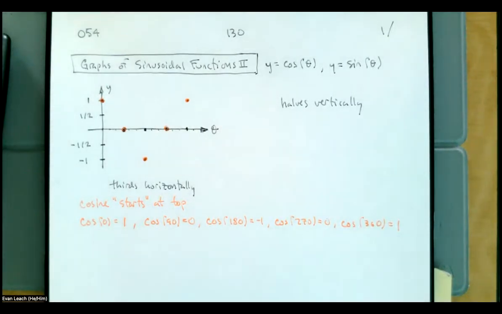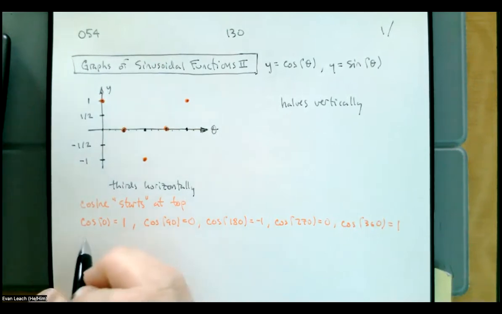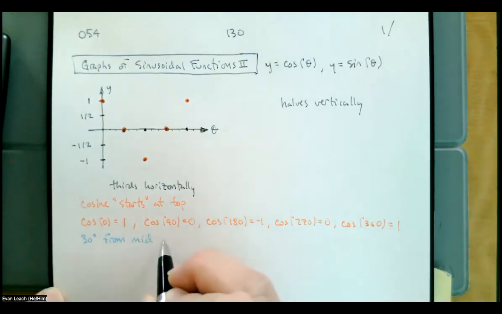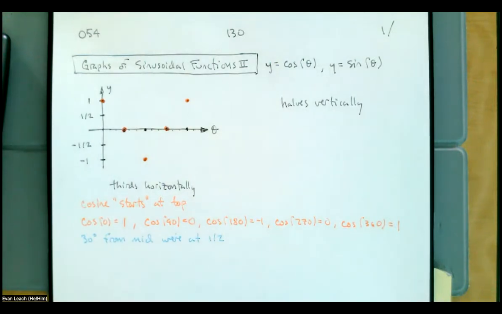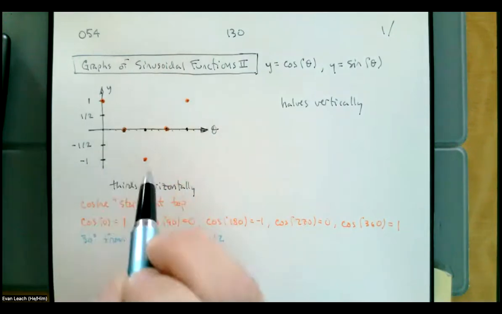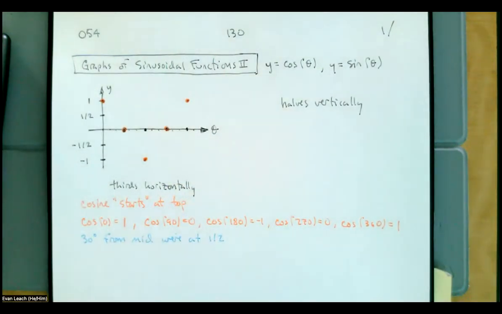Then we want to fill in another layer of detail. We know that 30 degrees off the middle is where we're going to be at 1/2. So that gives us more detail. Instead of just drawing a line going down, then a line going up, that's going to give us some bend to our graph.